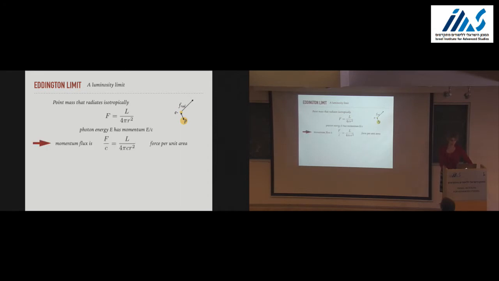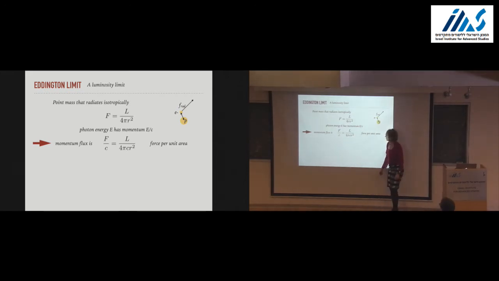Okay, so the flux, as you know, in a spherical system goes as the distance squared. And now if I want the flux of momentum, what should I do? Divide by c, because the momentum of a photon is energy divided by c. And so I find the force per unit area.